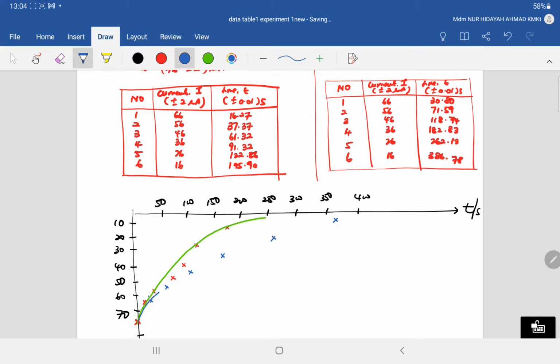So the graph will be like this. So you have to draw the graph.